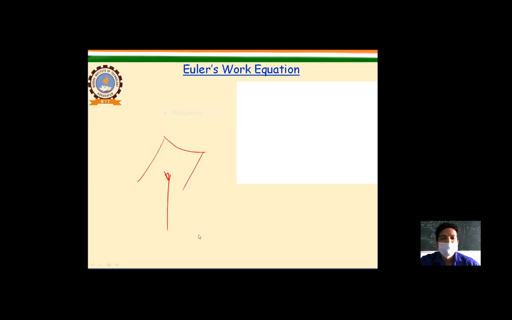Now in this slide, you can see Euler's work equation. This is the velocity function. The velocity component along the x-axis, or the radial component of velocity, has unit vector i. That's why this whole component is represented on the x-axis.